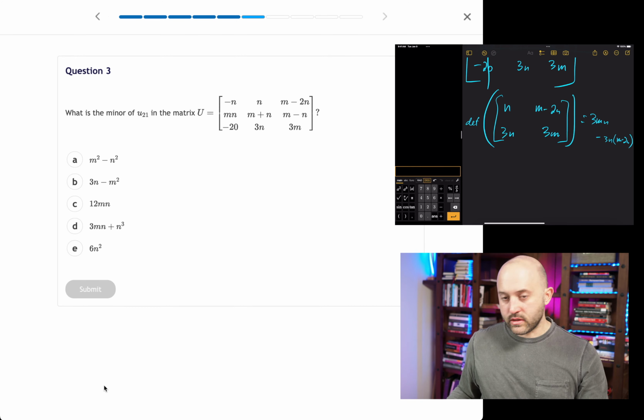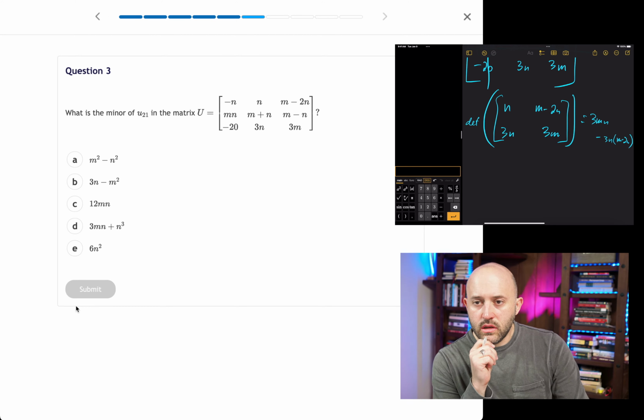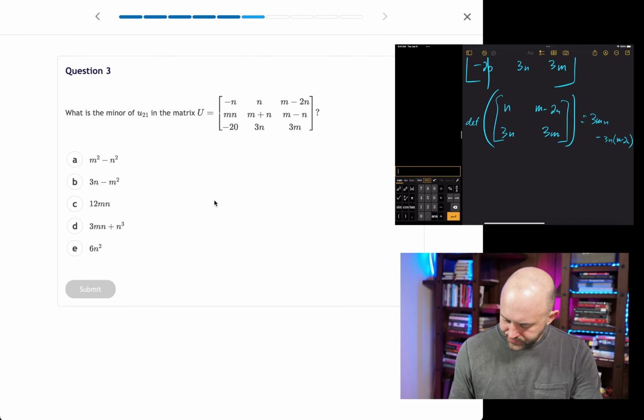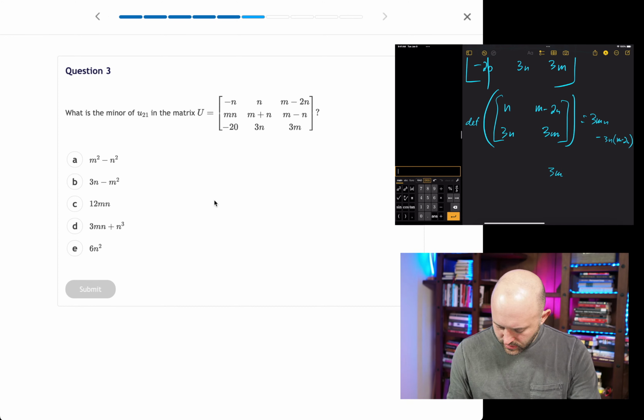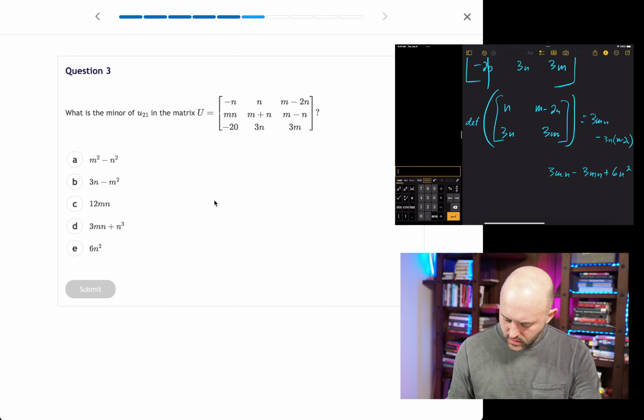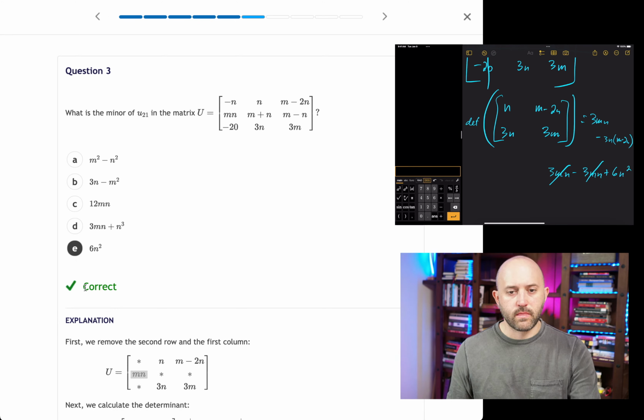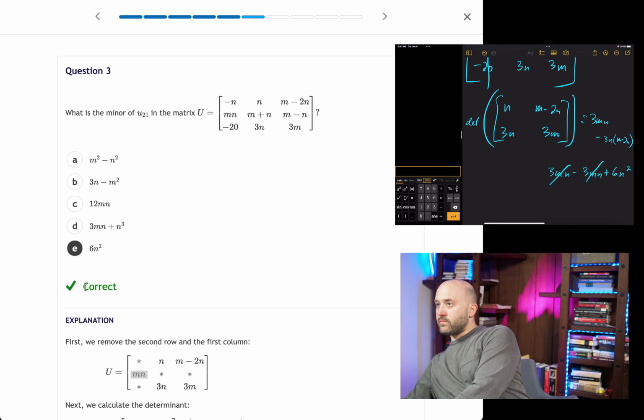And I guess they want us to actually reduce it a little bit. So 3mn minus 3nm plus 6n squared. So 6n squared. Cool.